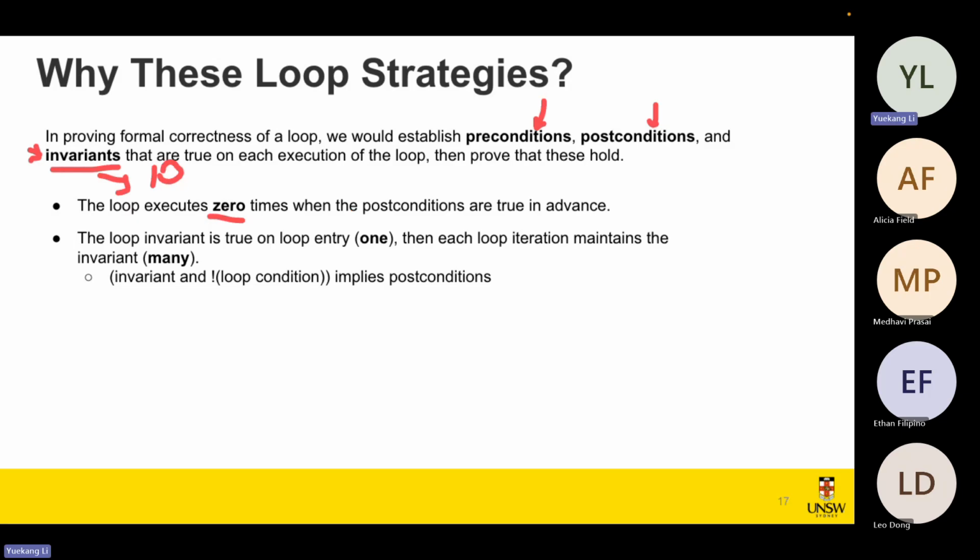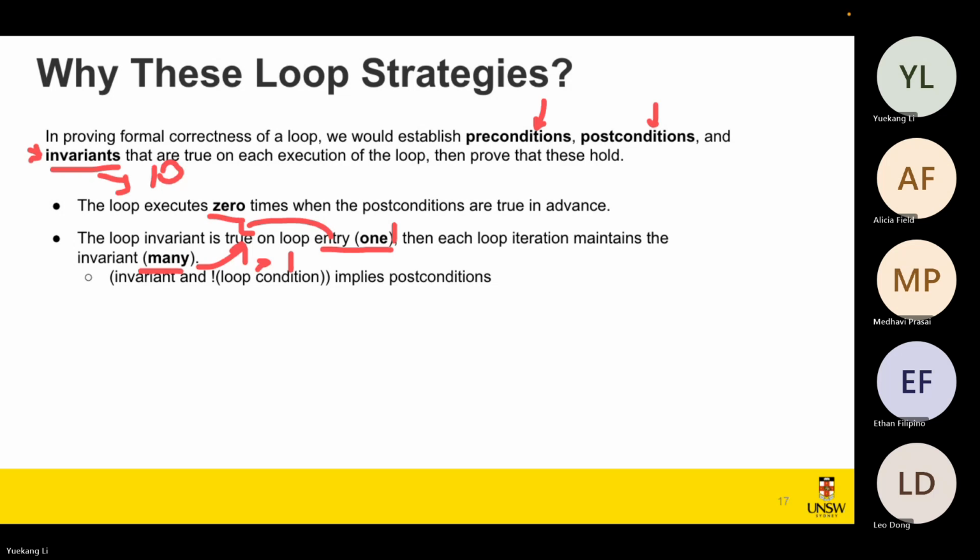For the loop invariant, if we loop once, the loop invariant takes some value. And if we loop many times, the loop invariant also takes the same value. Then we can say this loop invariant is verified. So that's why we need to run the loop exactly once, and also more than once.